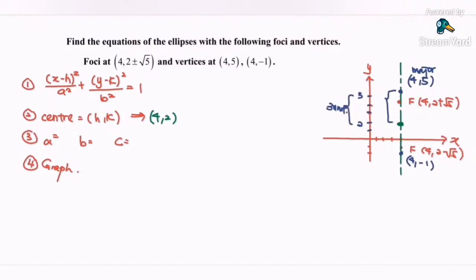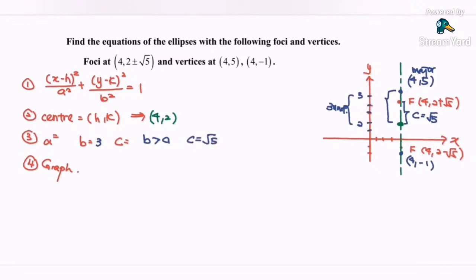So basically here we have already obtained that the value of B is 3 units, and we all know the value of B is greater than A. Next, what we have to do is to identify the length for C. In here, the value of C is equal to square root of 5, because we are shifting upwards by square root of 5 and downwards by square root of 5. So the value of C is equal to square root of 5.